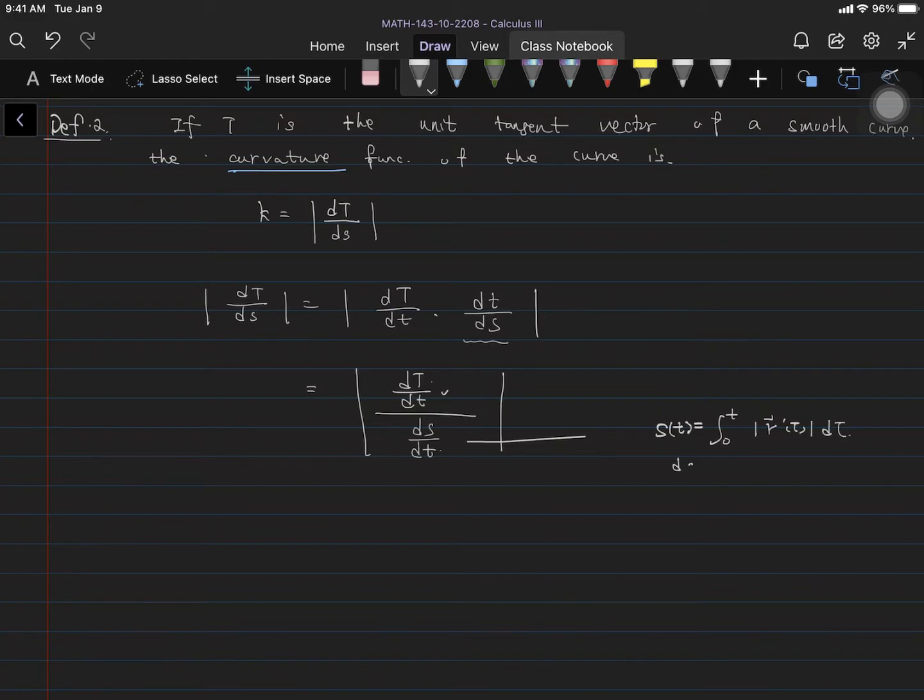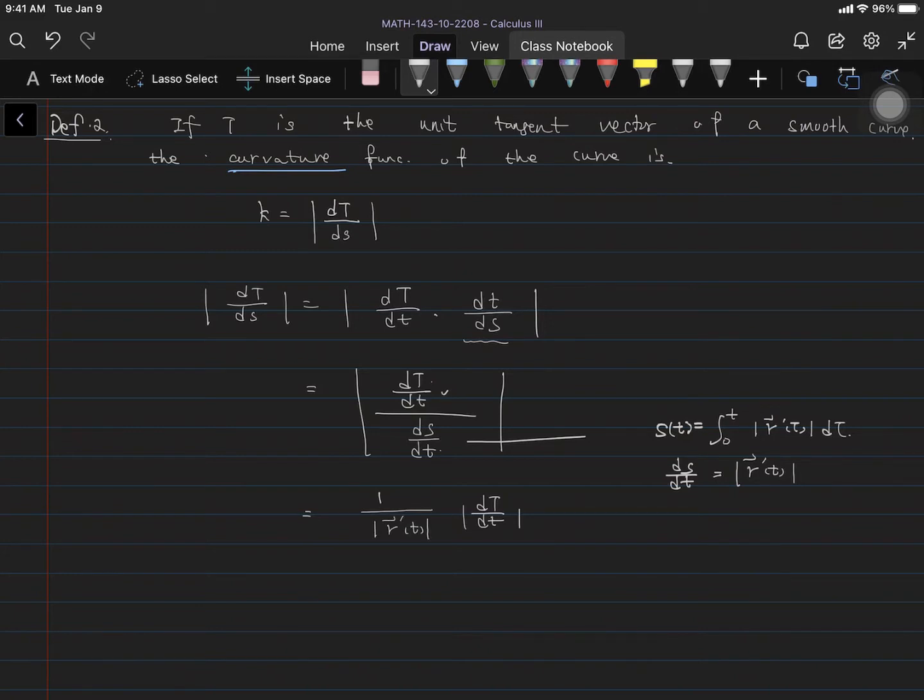So by the fundamental theorem of calculus, ds/dt is the length of r prime t.